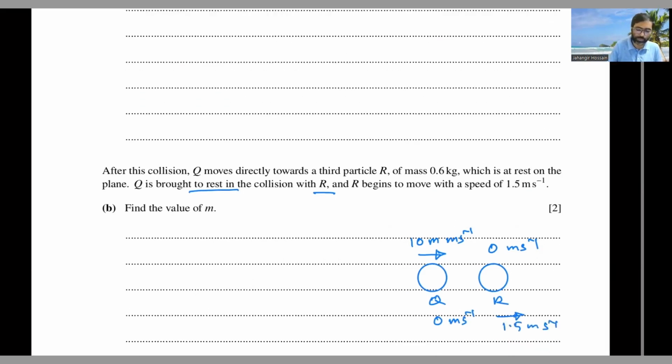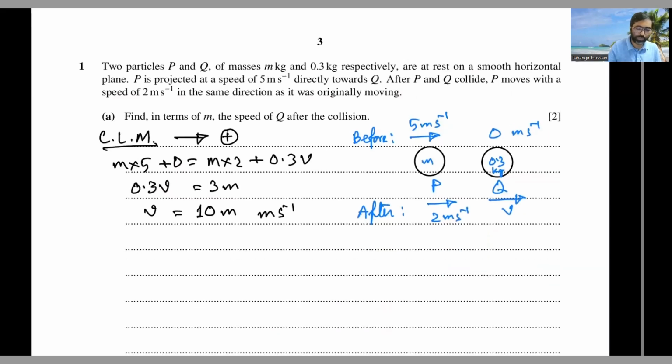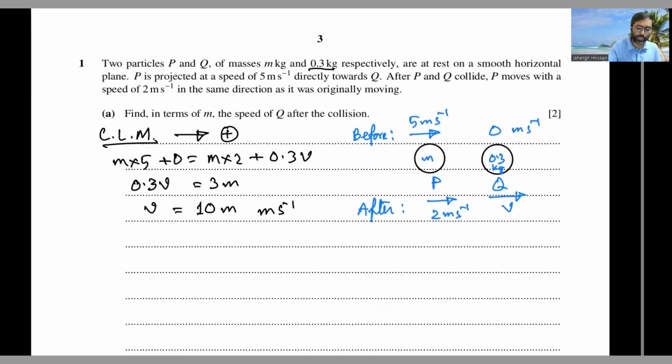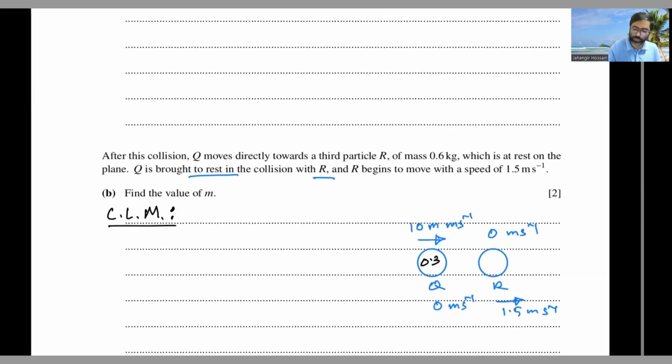Now, using this information, let's find the value of m. Again, if we apply the conservation of linear momentum here, remember, mass of Q is 0.3 kg and mass of R is 0.6 kg.